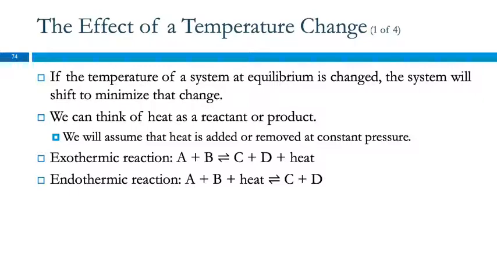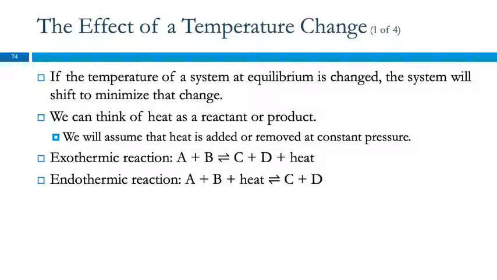If we're thinking about gases, and we increase the temperature of the gas mixture at the same volume, that would increase the pressure, right? And so that would have the same effect as decreasing the volume. So we can think of heat as being a reactant or a product. And here we're going to assume that we're adding or removing heat at constant pressure, because we can make simplifying assumptions like that. So in an exothermic reaction, remember, heat is given off.